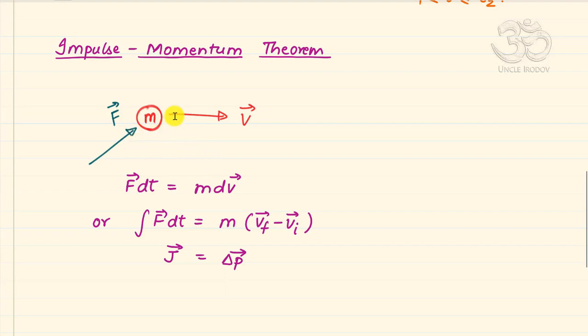But please keep in mind that when you apply this impulse momentum theorem for a system of particles, the terms will change a bit. On the left hand side will be just the external force acting on the system of particles, and on the right hand side you will get the velocity of center of mass here.